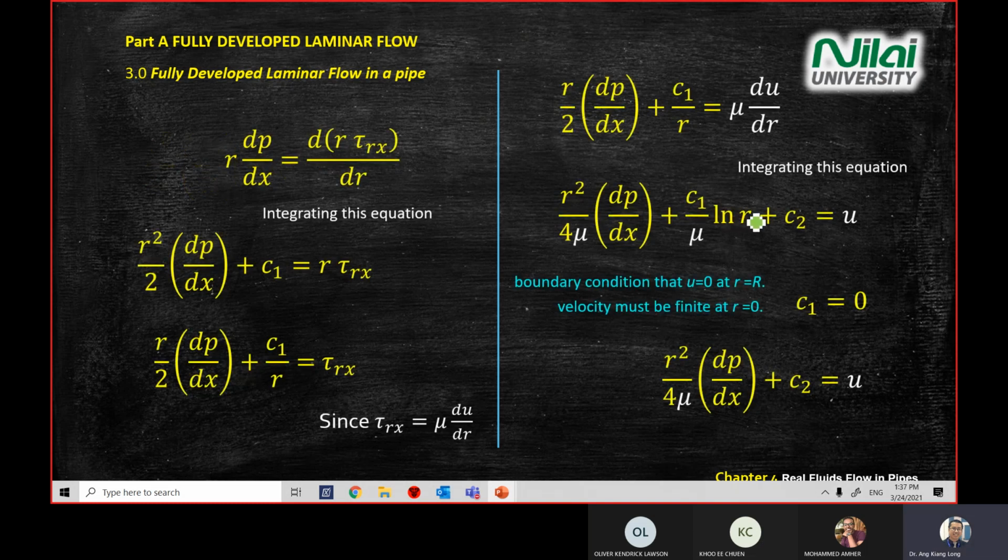Because ln 0 is an infinity value, you don't have a value here. Let's press the calculator. ln 0 equals what? So ln 0 is an infinity value, so we can take out this term.